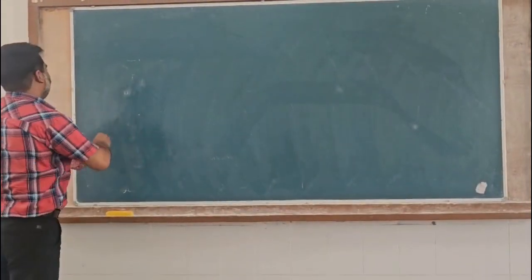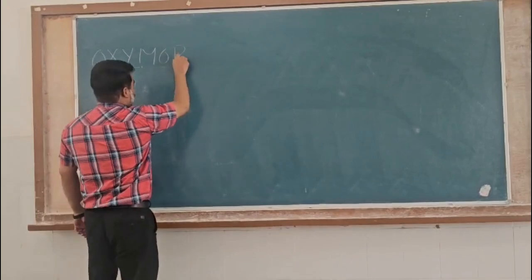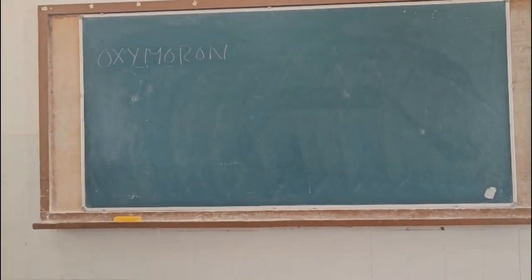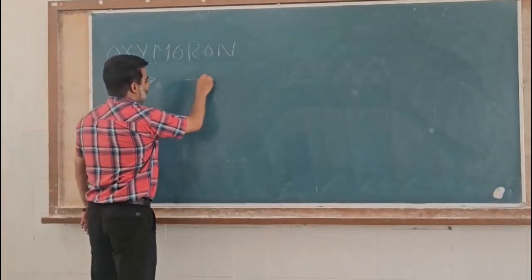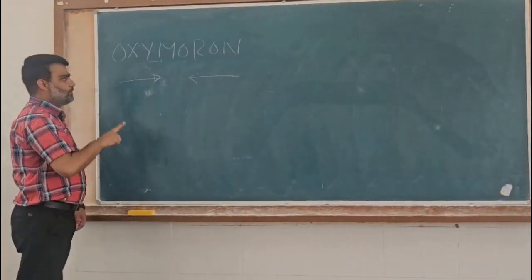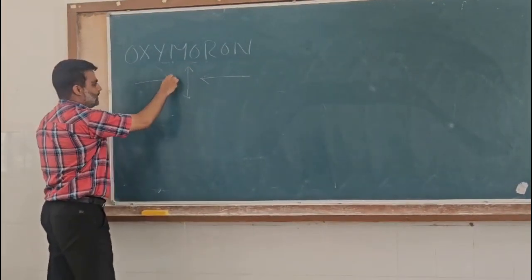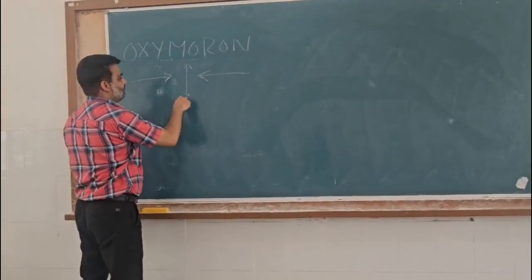This time we have oxymoron. What is oxymoron? It is the coming together of two opposite ideas at the same time to describe the same entity.